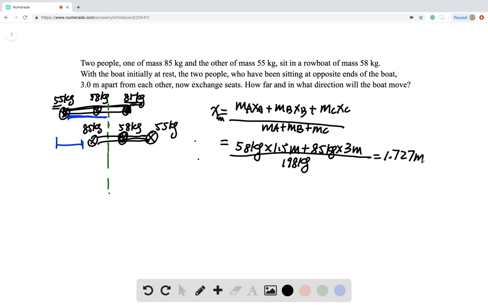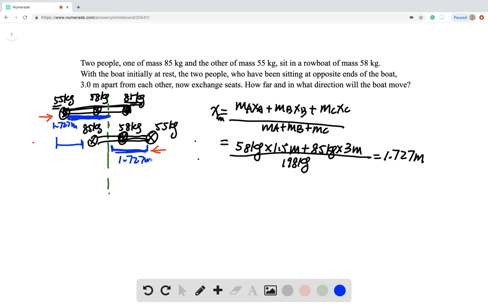Because if we look at this graph, before and after the exchange of the seats, these two graphs are symmetric. So what that means is that if this distance is 1.727 meters, then this distance will also be 1.727 meters.